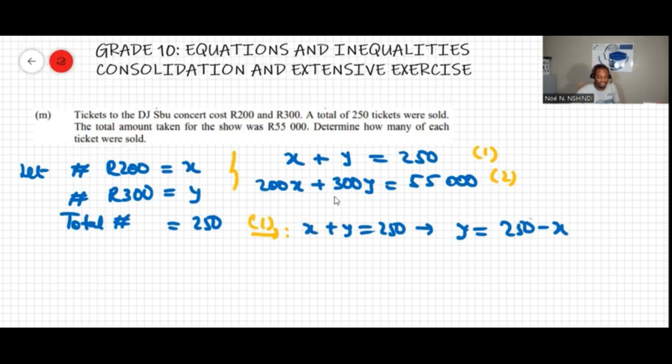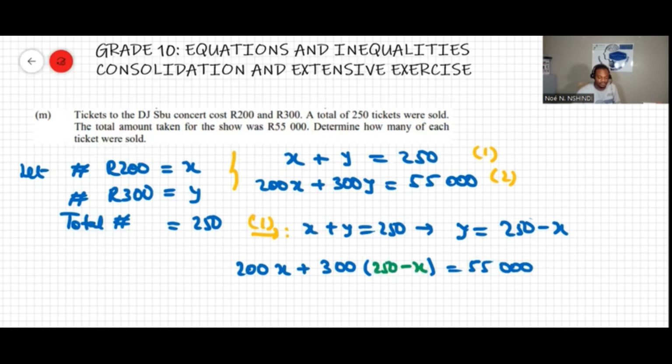So this will be 200x plus, instead of 300y, I am going to substitute its value, okay? The value of y is 250 minus x.